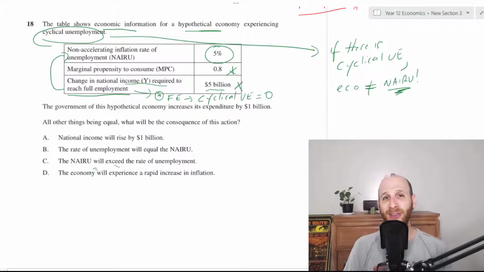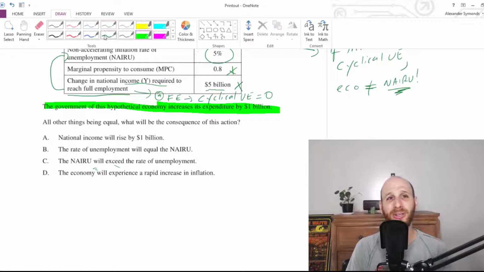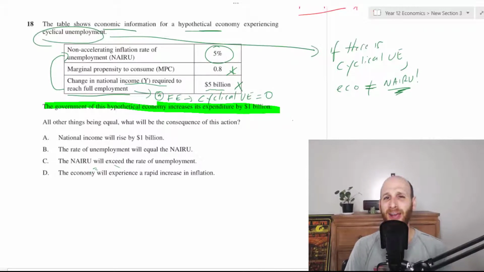So I'm seeing some elements of multiplier calculations here. And then this last bit of the question, check this out. The government of this hypothetical economy increases its expenditure by $1 billion. That sounds like components of aggregate demand.